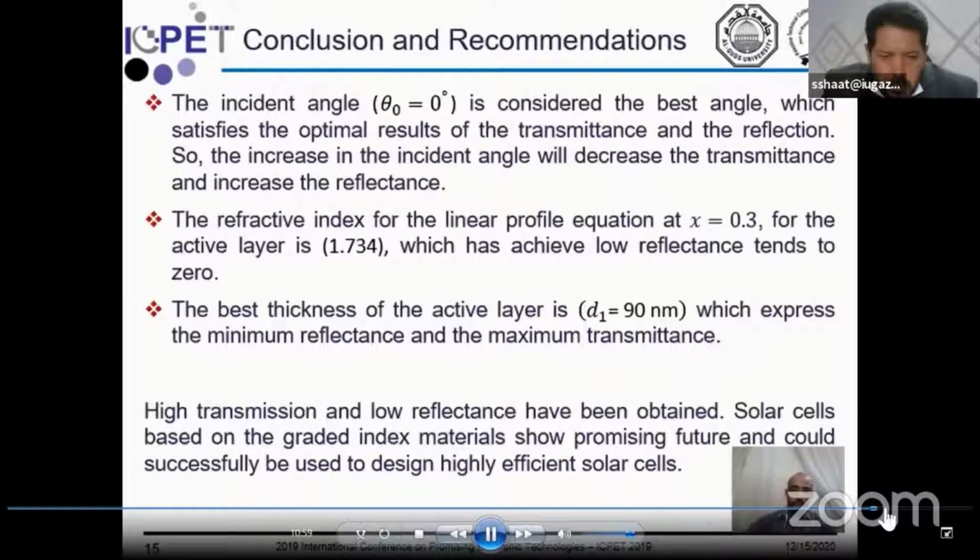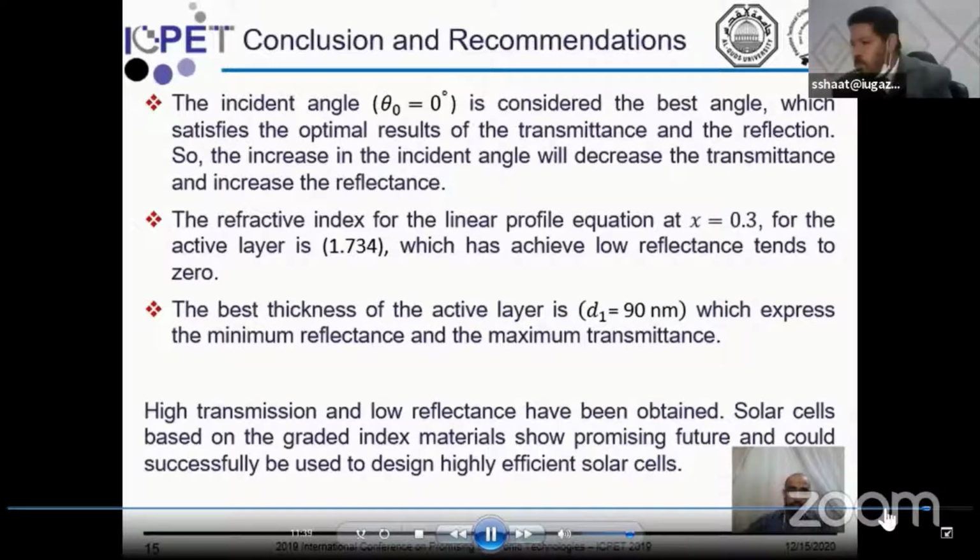So, conclusion. The incident angle 0 is considered the best angle, which satisfies the optimal results of the transmittance and reflectance. The increase in the incident angle will decrease the transmittance and increase the reflectance. The refractive index for the linear profile equation at x equals 0.3 for the active layer is 1.734, which has achieved low reflectance for a long range of wavelength.